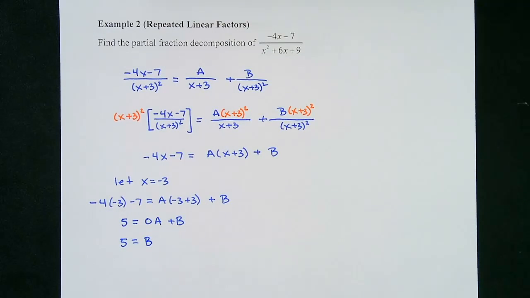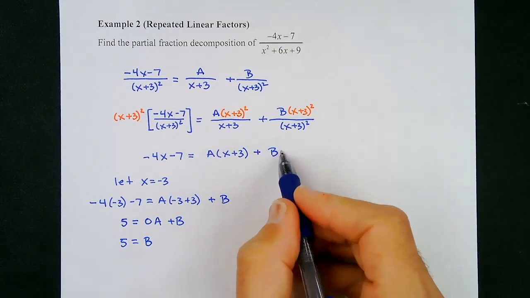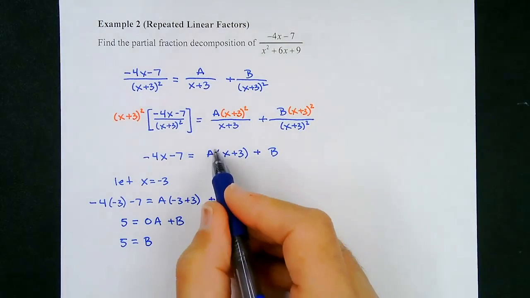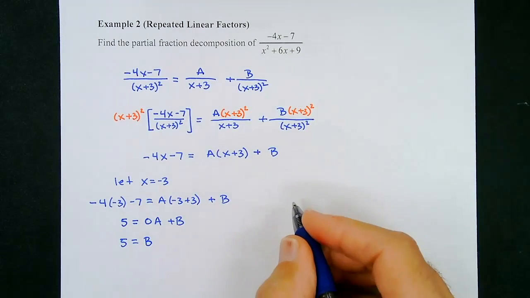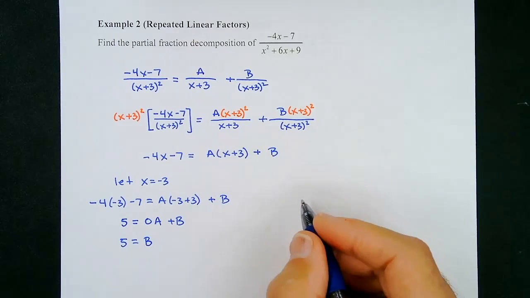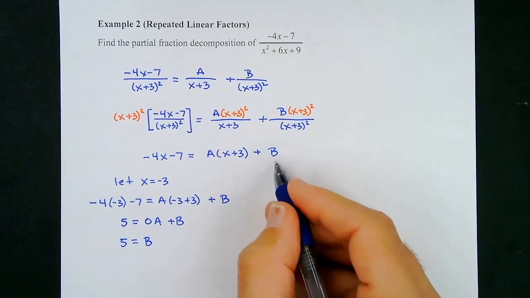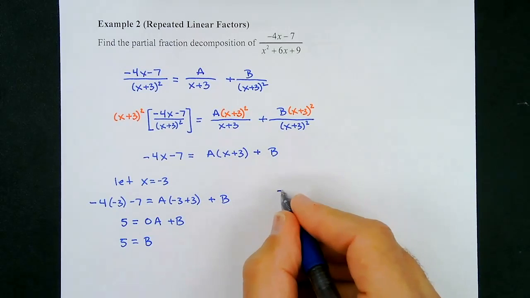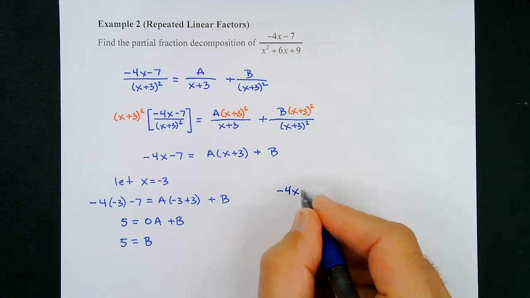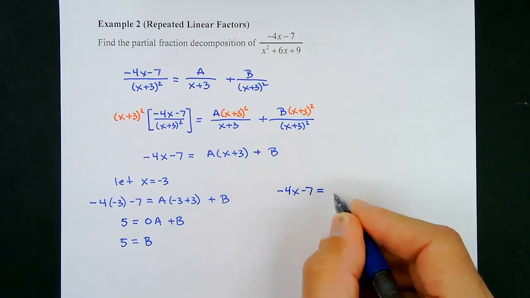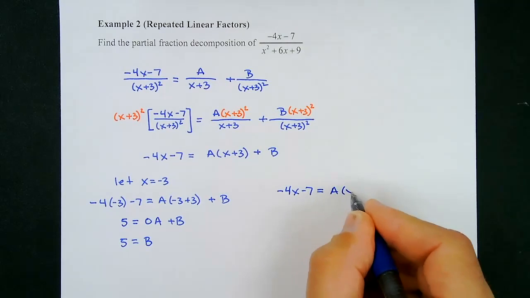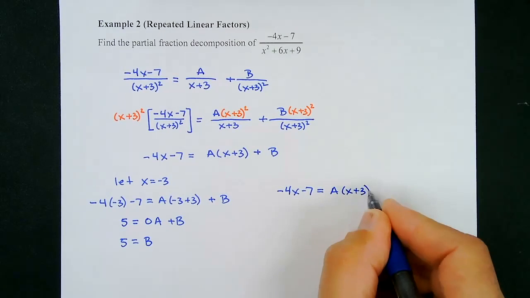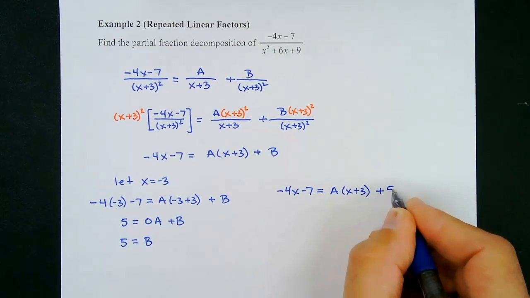All right. So that means, okay, we now know what this b value is, right? We just need to figure out what the a is, all right? So what we can do is, now that we know that this b is 5, I can replace it with 5 right here. And now I have -4x minus 7 is equal to a times x plus 3 plus 5.